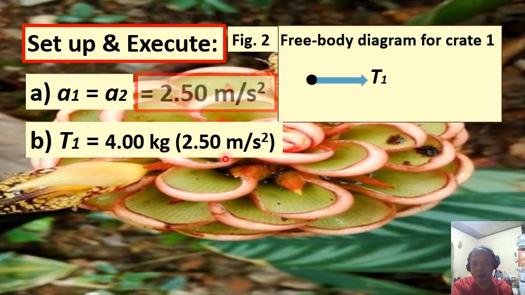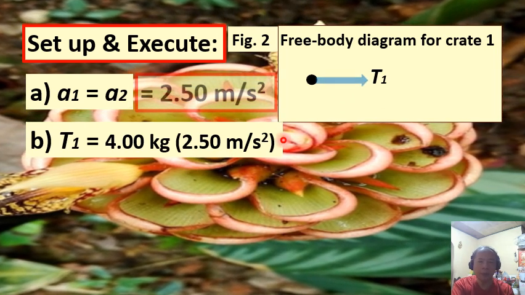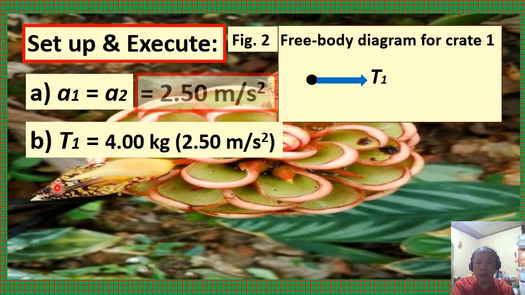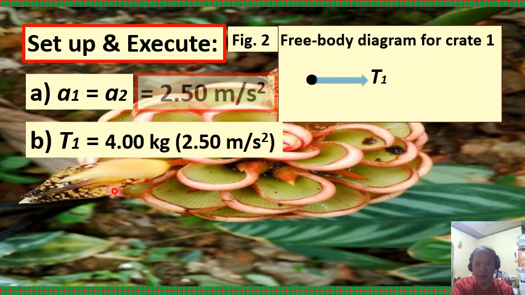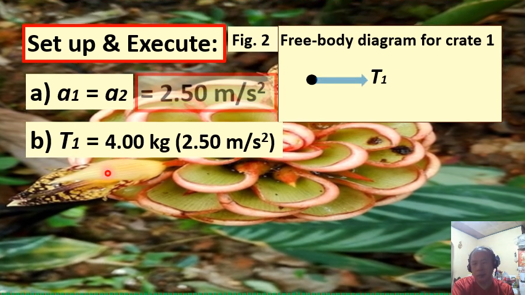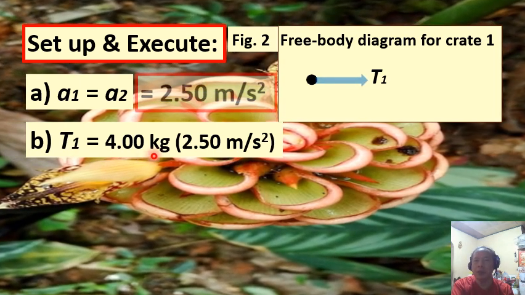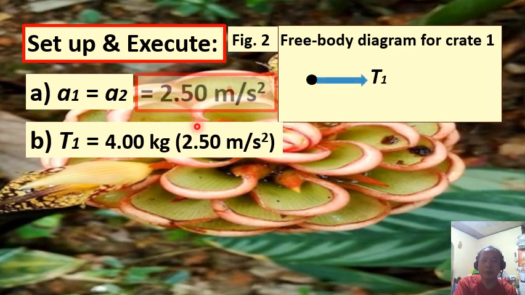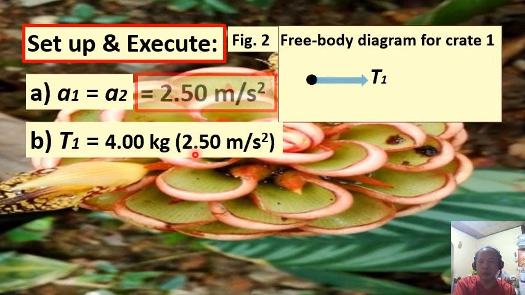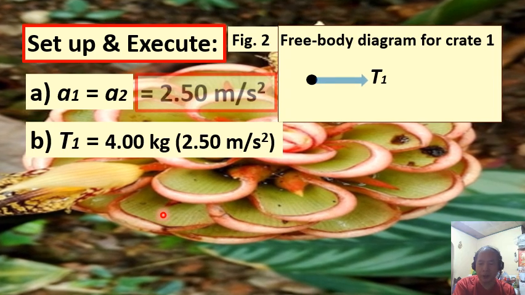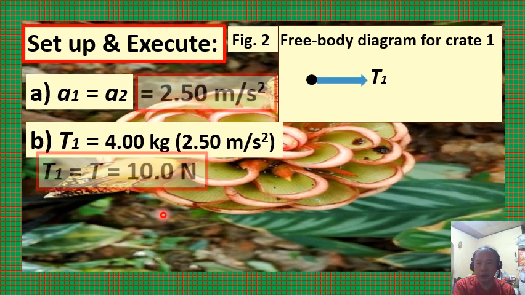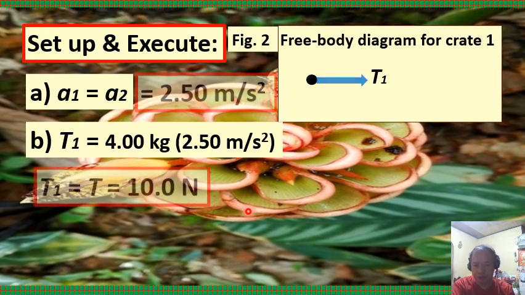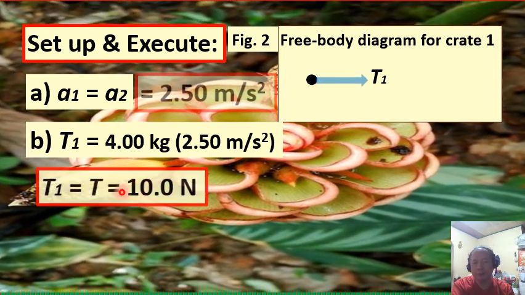In applying Newton's second law of motion, net force being the product of the mass and the acceleration, to get the magnitude of the tension force T sub 1, we just multiply the mass of crate number 1, which is 4.00 kilograms, by its acceleration, 2.50 meters per second squared, which is, of course, equal to 10.0 newtons in three significant figures.